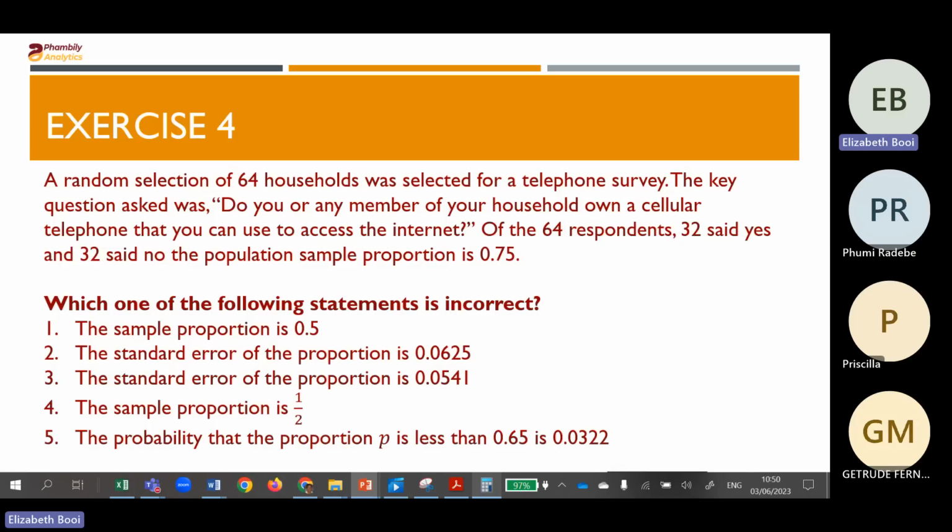Of the 64 responded, 32 said yes and 32 said no. The population proportion is 0.75. I don't know what they mean by population sample proportion, because it has to be the population proportion, which is the pi.